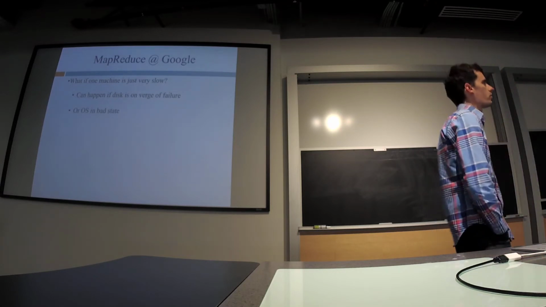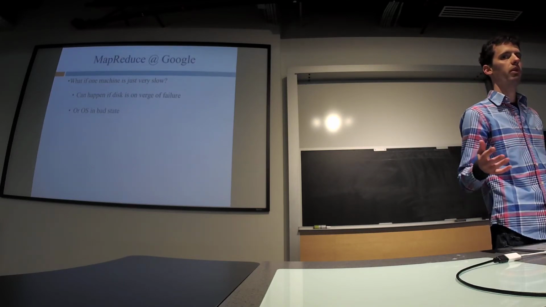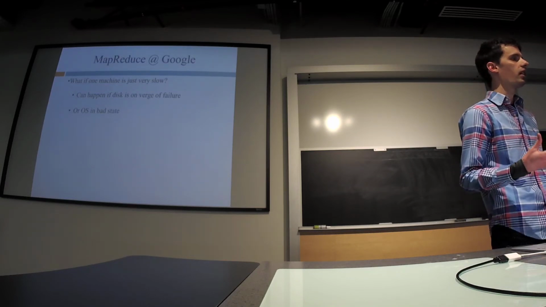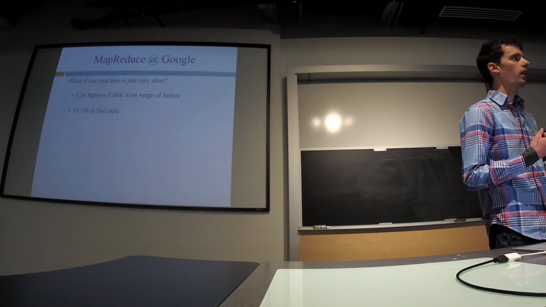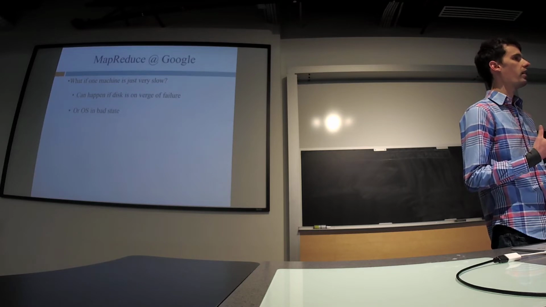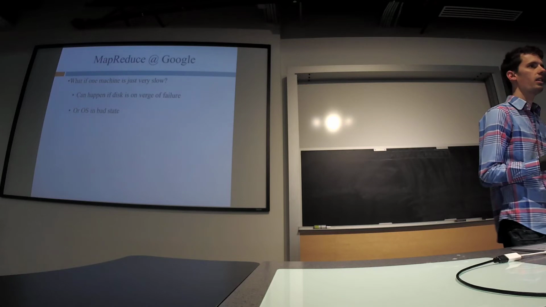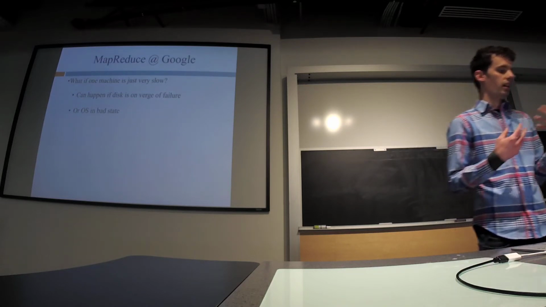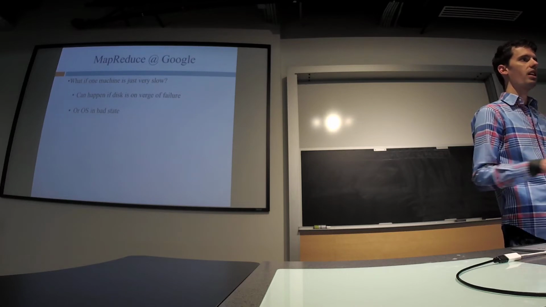And then finally, what if, even if you do successfully split up the work into roughly equal-sized chunks, you can still have one machine that's particularly slow, like if its hardware is almost failing, and you have to retry disk reads a bunch of times, or if the OS is in some bad state, like has a bunch of fragmentation or something.